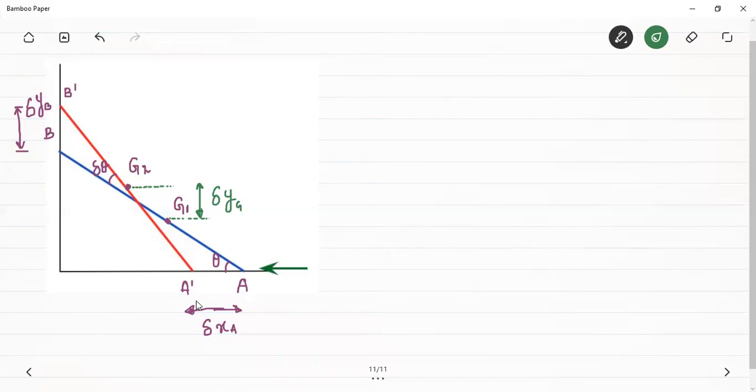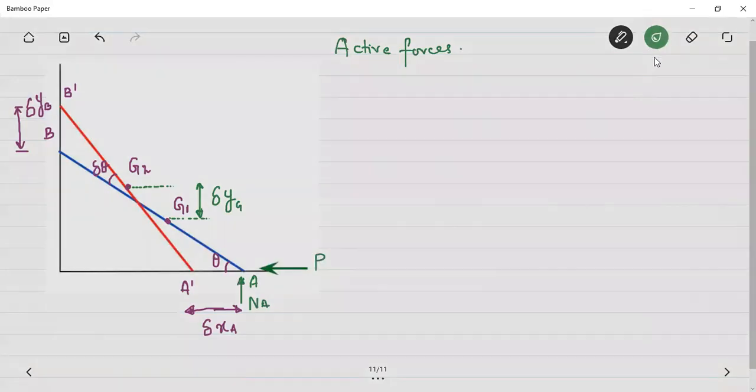First of all, we have to see what all the active forces are. We can also see here, if we draw the free body diagram, let this point be A, there will be a normal reaction. This is the applied force P, as well as a normal reaction at the contact of the rod with the wall.